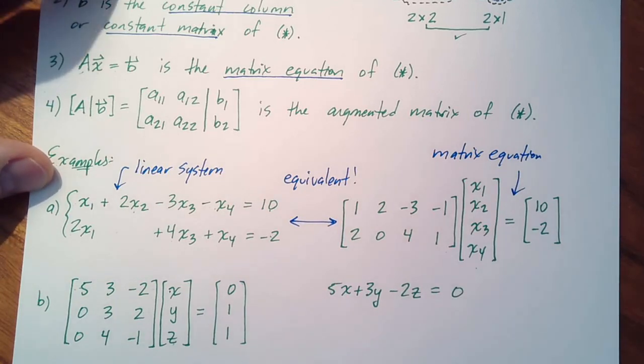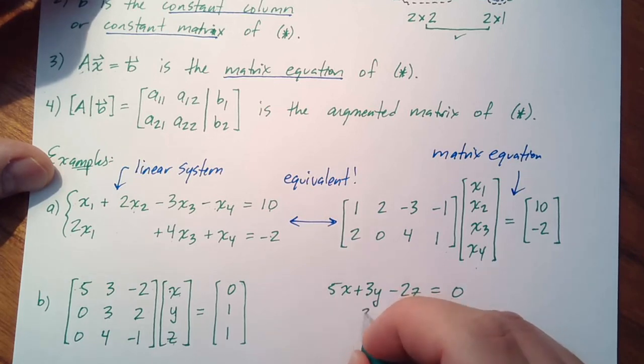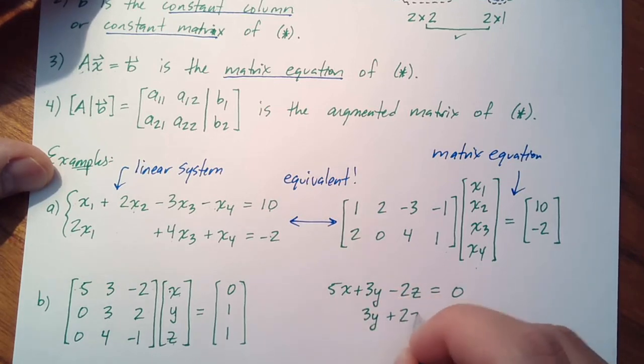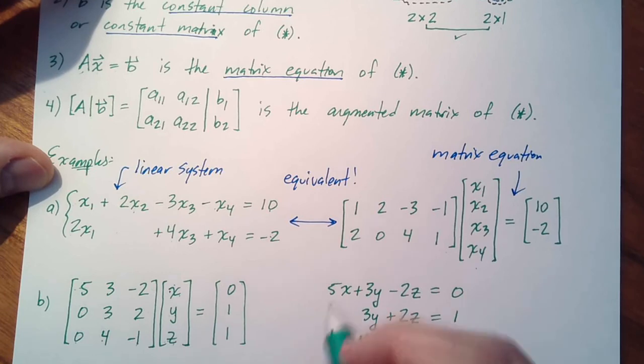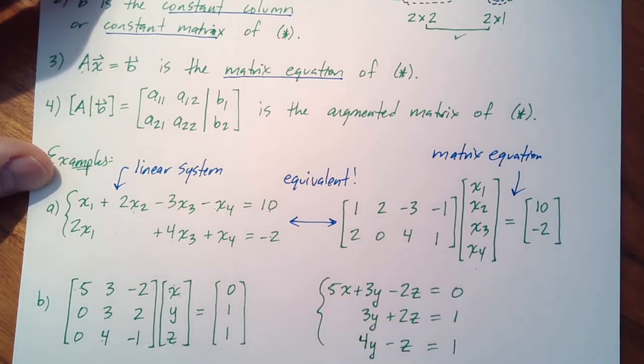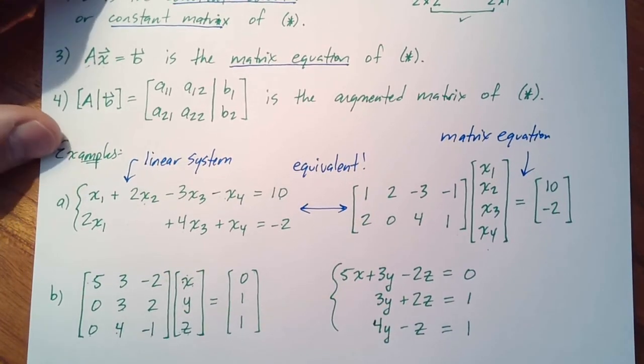The second equation, I'll have 0 times x, 3 times y, and 2 times z. So I might as well just write 3y plus 2z, and that's going to equal the second constant term, which is a 1. And then my third equation, I'll have 0x plus 4y minus 1z. So we've got 4y minus 1z is equal to 1, and then that is your linear system.